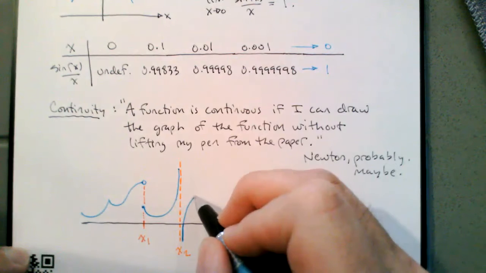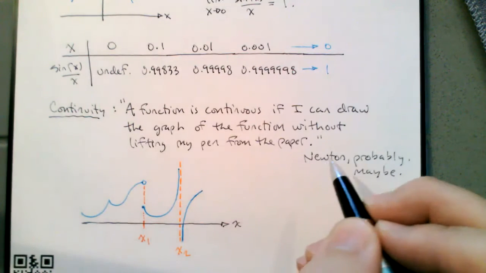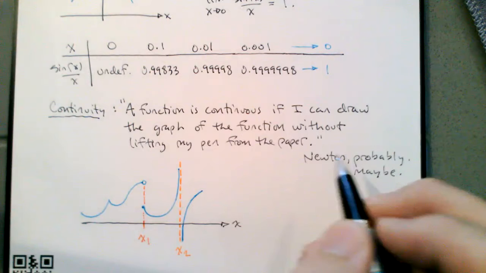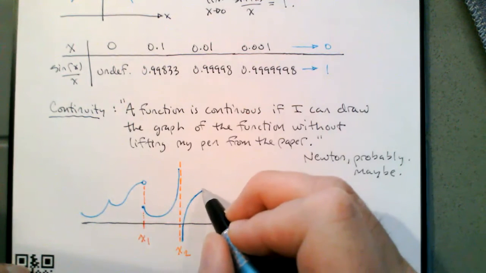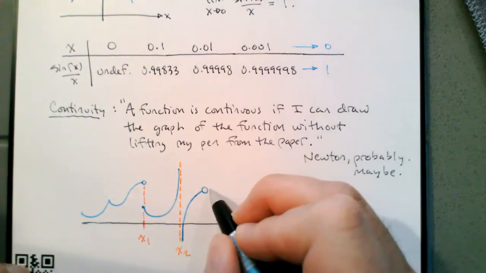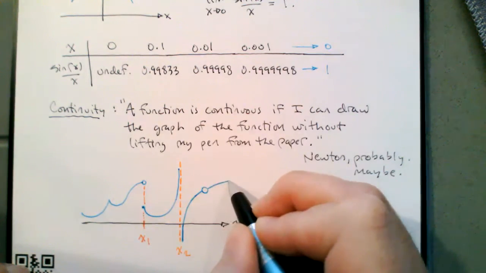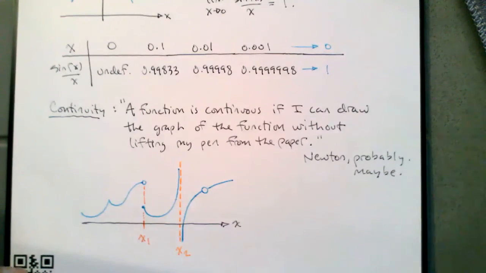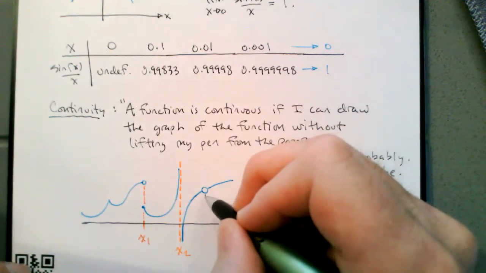Now, we have to remember that gaps in functions are actual gaps, even though we use little circles to describe them. So if I want to say that there's a hole in the graph, then I draw a hole. So here the function is discontinuous at x3 as well.